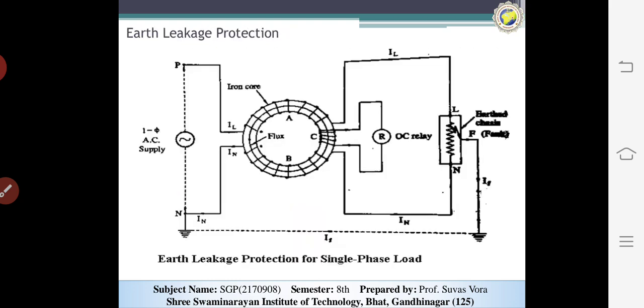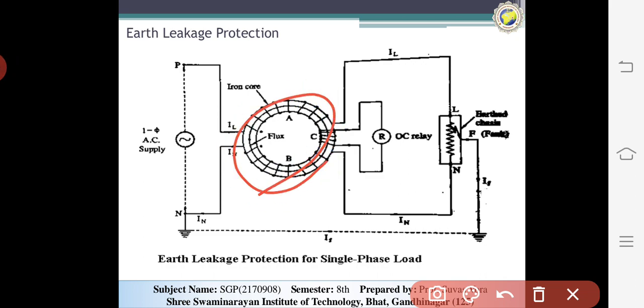Now for the earth leakage protection for a single phase load, you can see the figure. The system consists of a current transformer surrounding the live and neutral wires with the same number of turns.